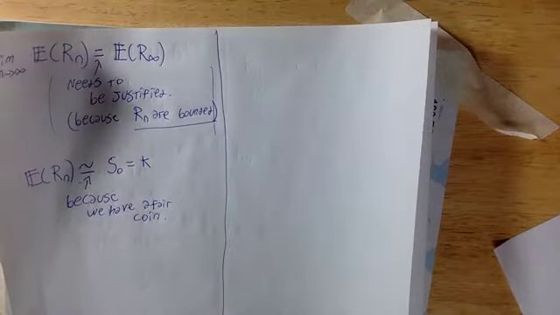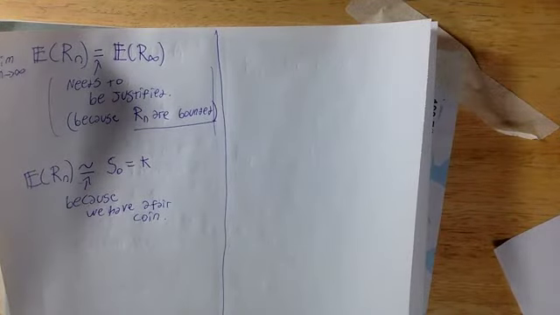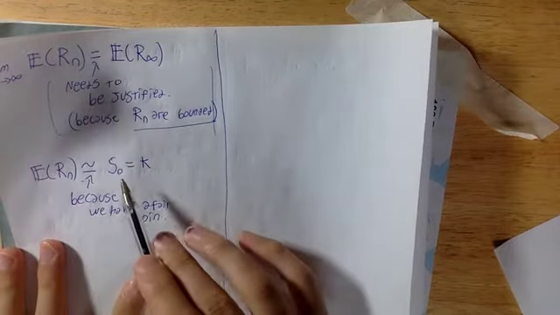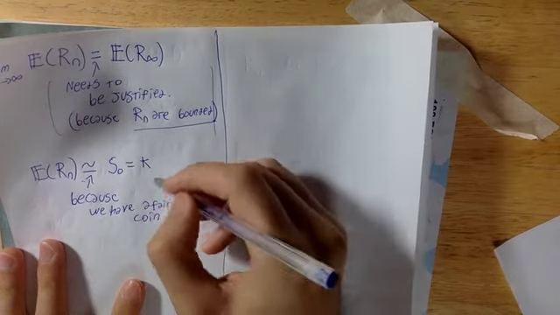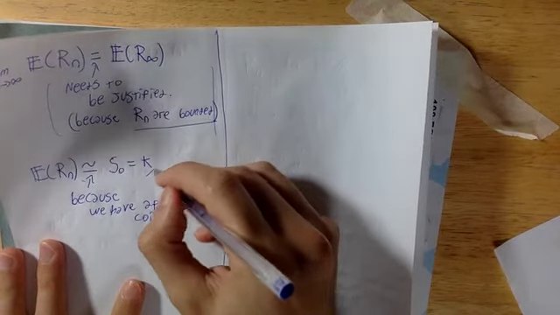Because we have a fair coin, we would expect that playing this game should not affect our wealth. It's as likely to go up as it goes down. So you would expect that this has an expected value approximately of K.